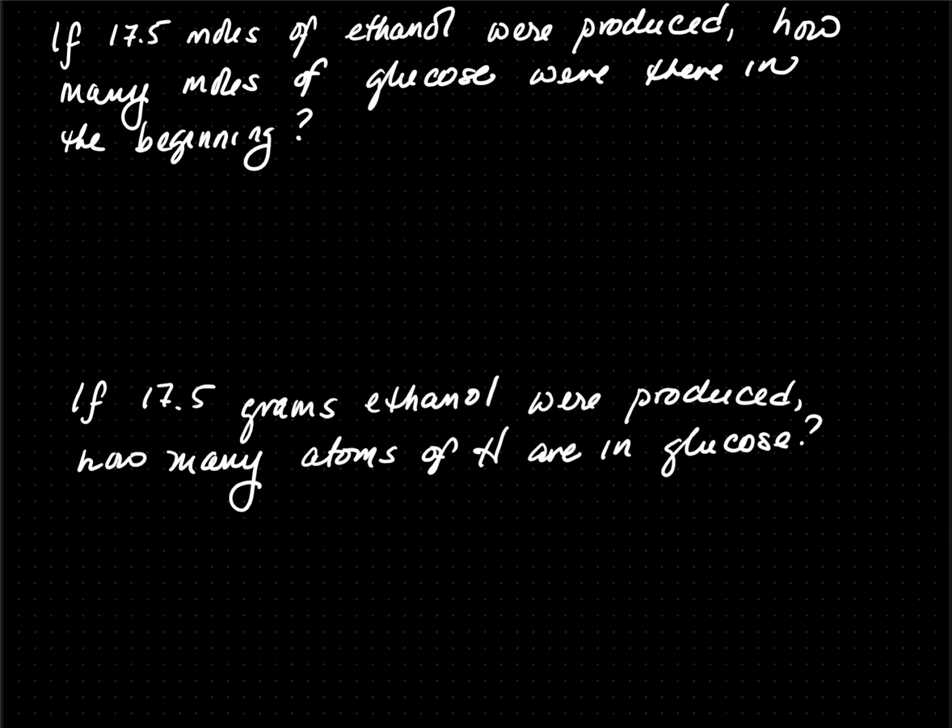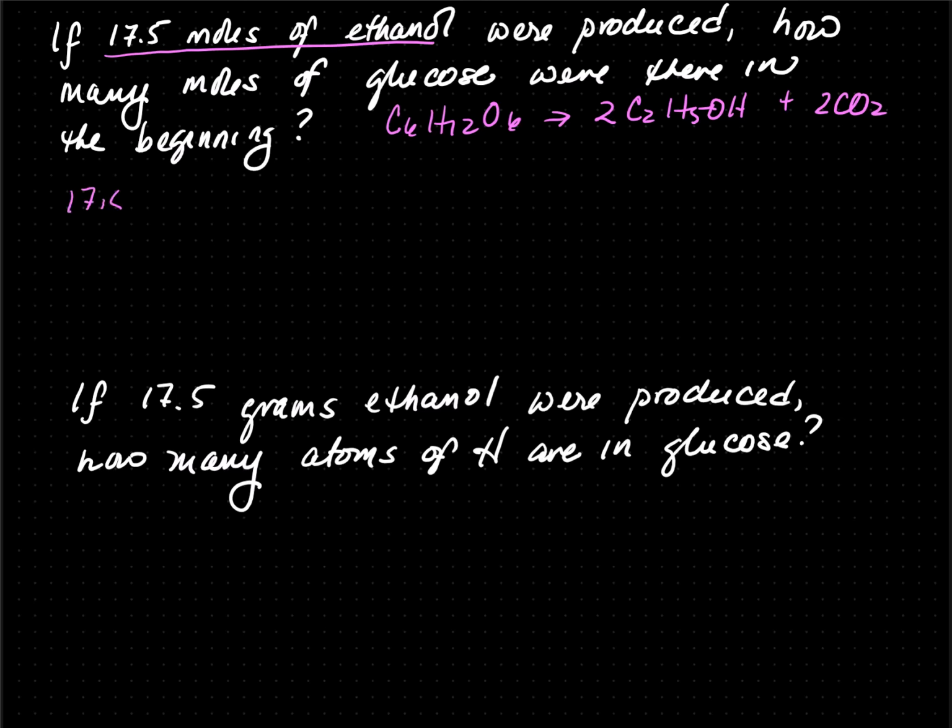Again, we are using the same balanced equation from above, so I just recopied the balanced equation. We are starting with what's given, which is 17.5 moles of ethanol, and we know ethanol is C2H5OH. We're looking for the moles of glucose, so I need to go to mole ratio.